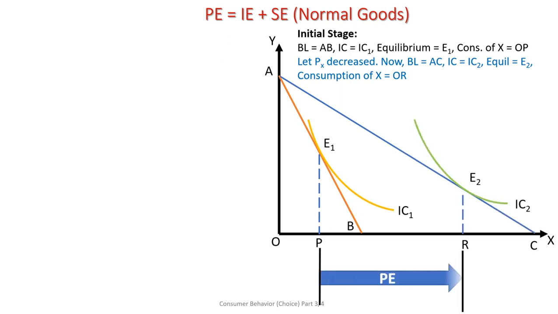The IC also changed from IC1 to IC2. The equilibrium point is now E2 and the consumption of commodity X is now OR. Therefore, the total effect of the change in price is OR minus OP.